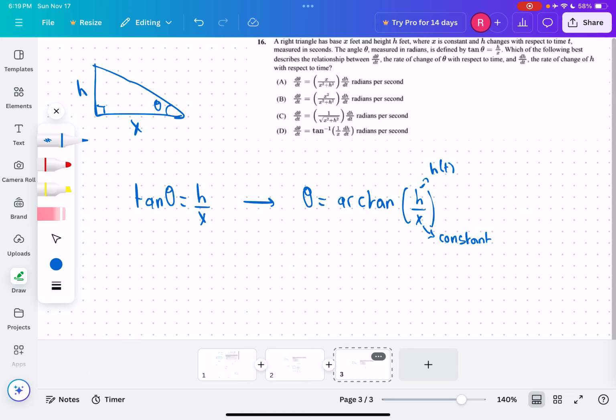Now, it's easier to derive it because now, since h of t is in the numerator, I don't need to move anything from the denominator to the numerator because it's already given.